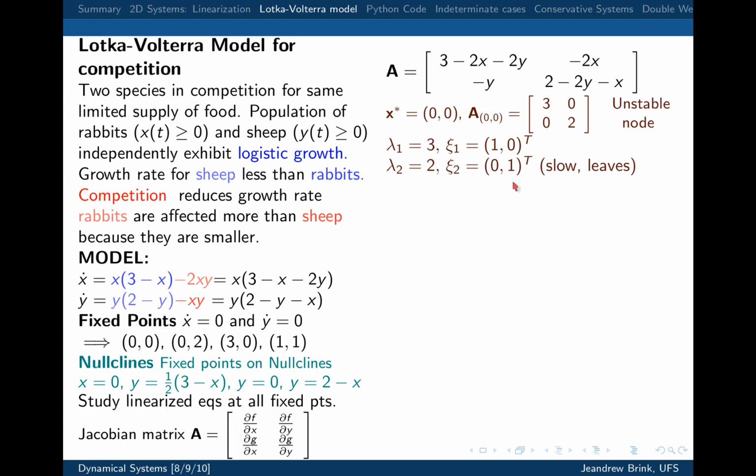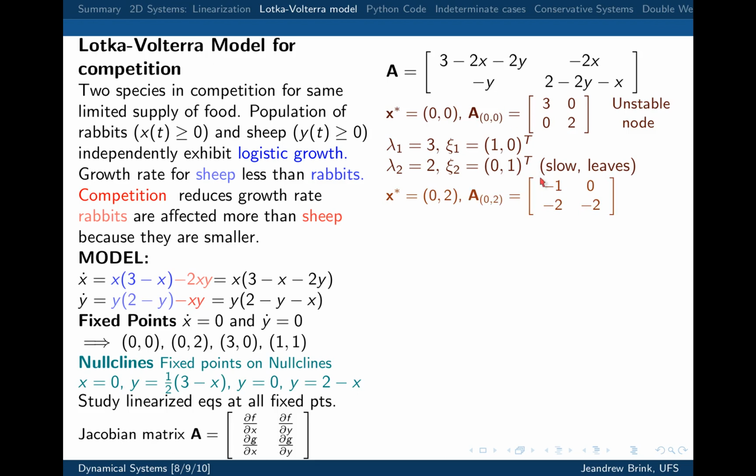Okay, and the other thing you can do is identify the smallest eigenvalue if it's a node, because that's the slow direction, and because it's unstable, that's where your solution is going to leave along, right? Remember I said there was a fast and a slow direction, and the slow direction is where the solution departs from the fixed point.